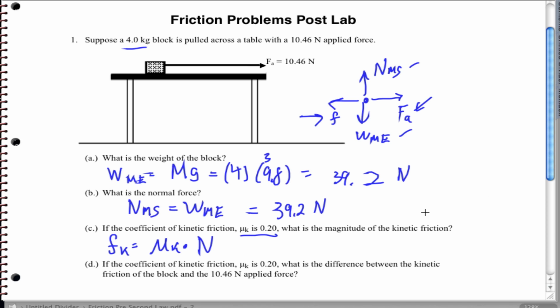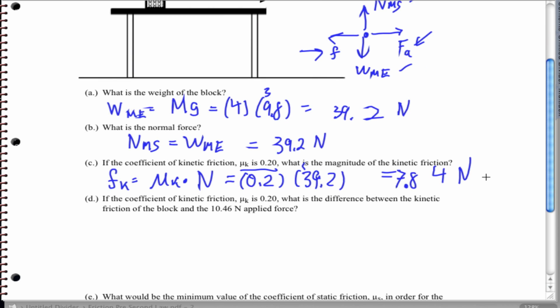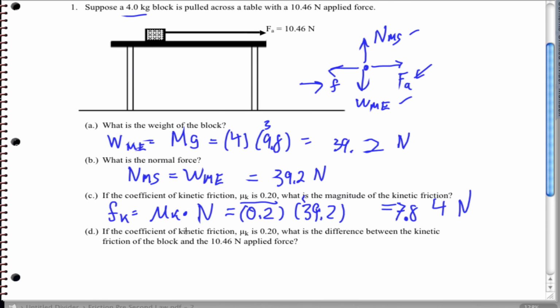So we're going to go ahead and calculate that now, and that's going to be 0.2 times the normal force, which is 39.2. And if I have this right, I'm getting 7.84 newtons. Let me just go ahead and check that. Perfect. So, now let's go ahead and calculate the difference between the kinetic friction on the block and the applied force.